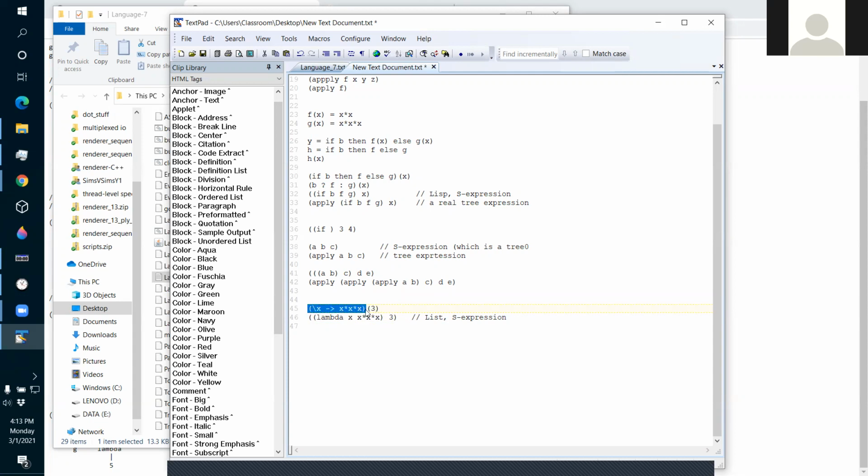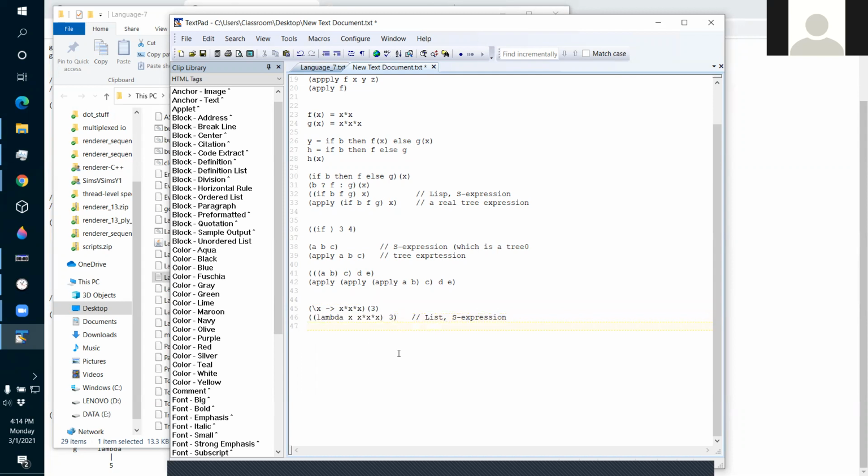F of 3. So that's a Haskell-like notation there. Here's the Lisp way of writing it. But see, that's an S expression. I'm calling some function. What function am I calling? The lambda of x goes to x cubed.